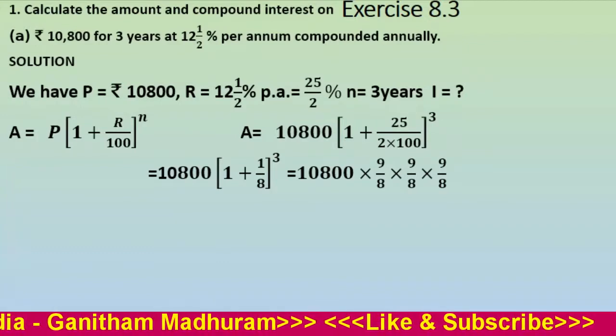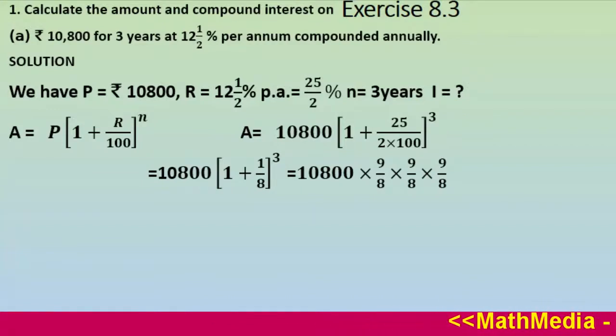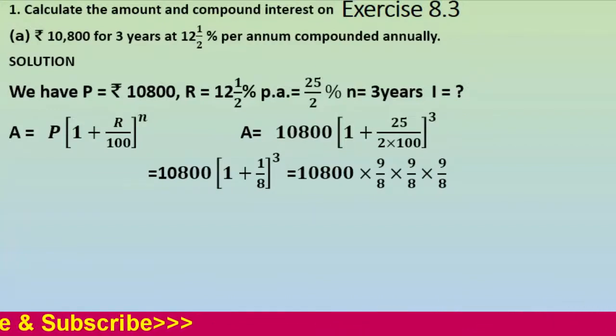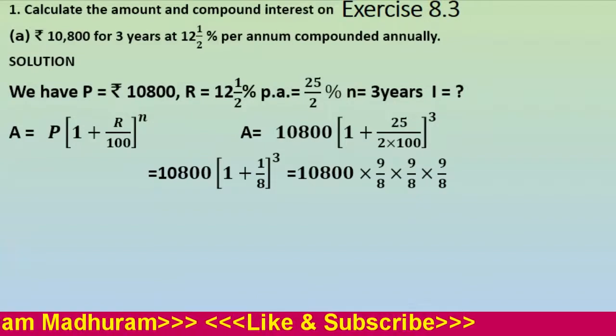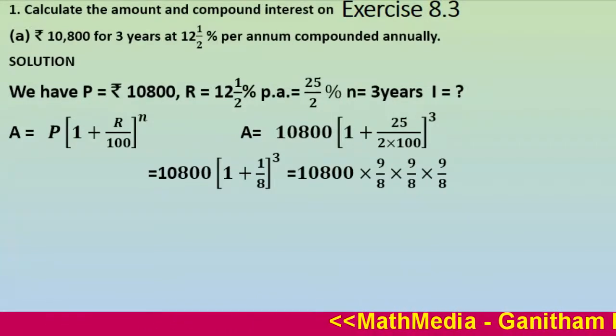So we can write it as 10,800 into (9 upon 8) whole cube, equal to 10,800 into 9 upon 8 into 9 upon 8 into 9 upon 8.